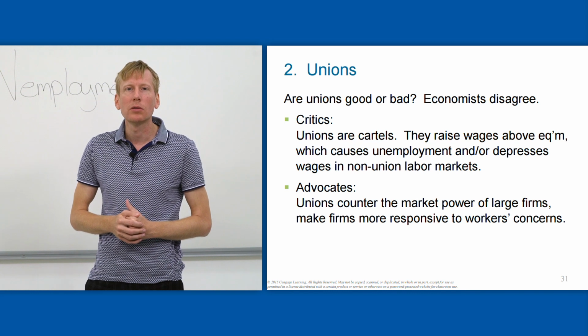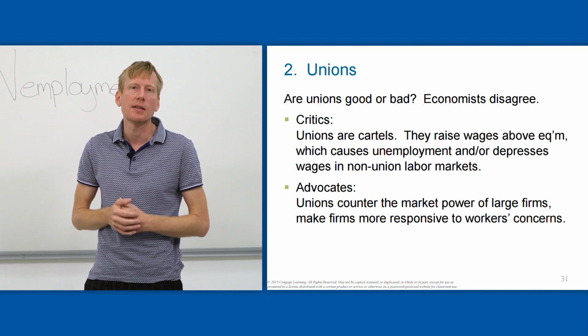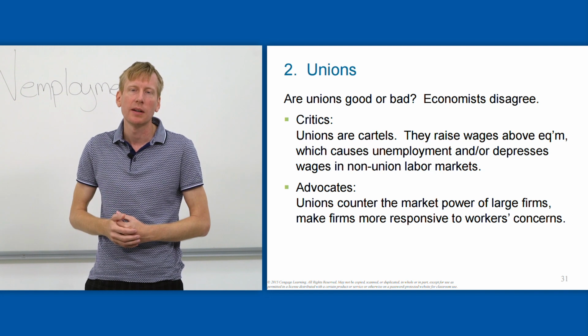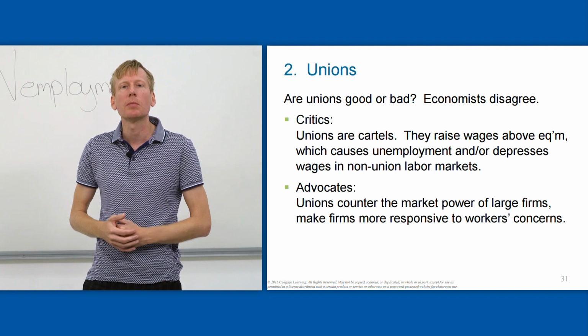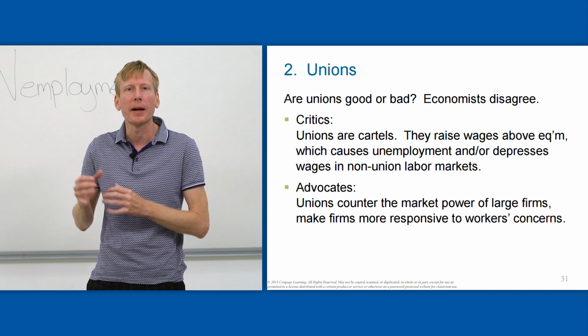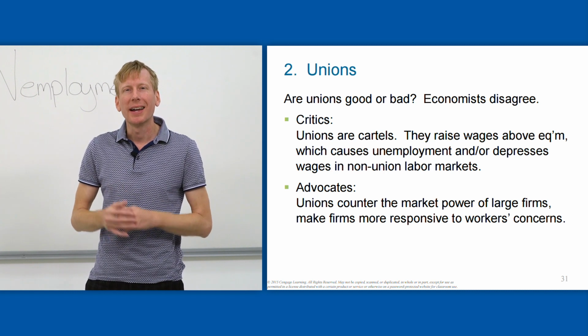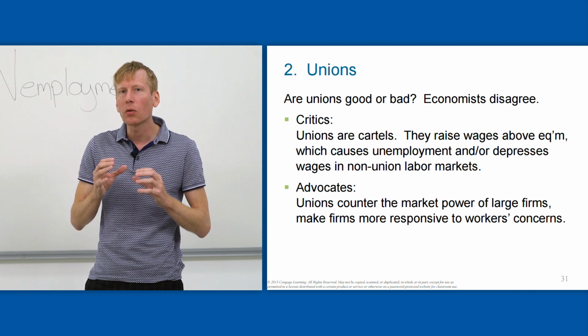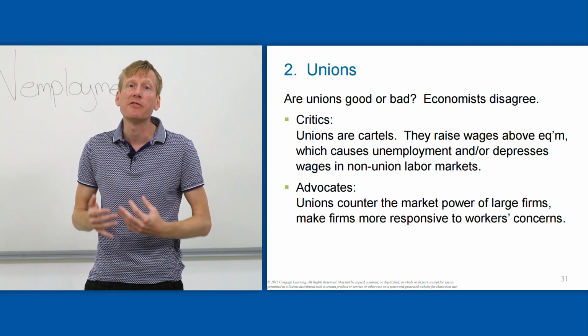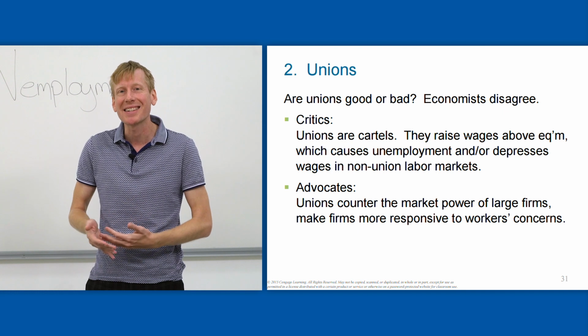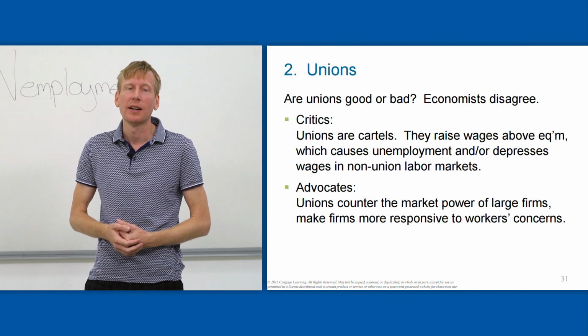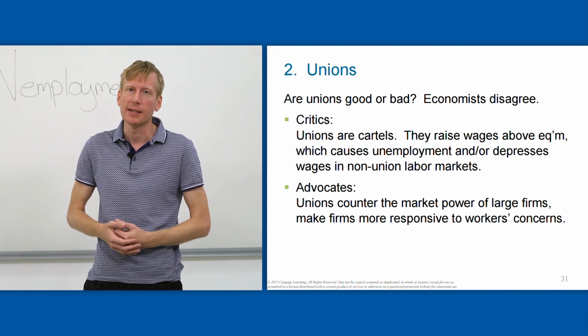If that's a desirable goal, we might like unions and argue that unions are a good thing. We might also argue that large firms, such as, say, coal mining firms, may have market power in the labor market. They may be something like a monopsony, or more like an oligopoly in the labor market, and that the labor market outcomes would not normally, in the absence of unions, be fair. They might pay less and hire fewer workers than a competitive labor market would see.